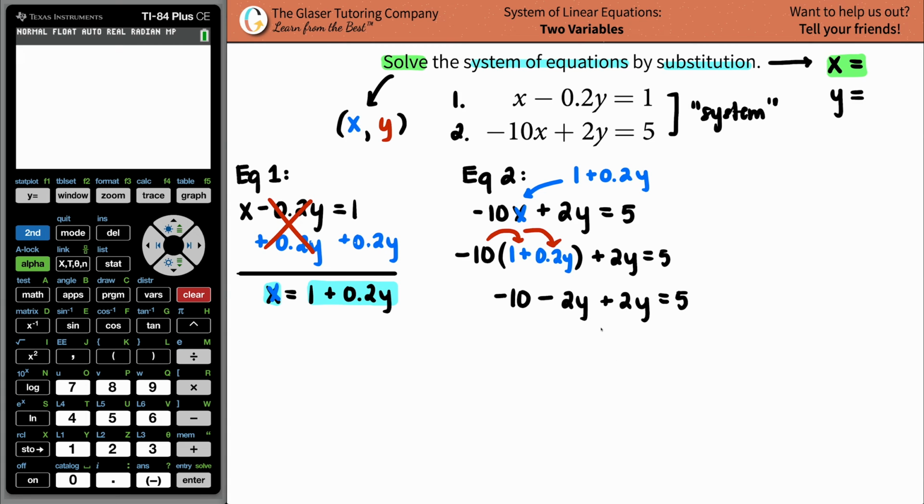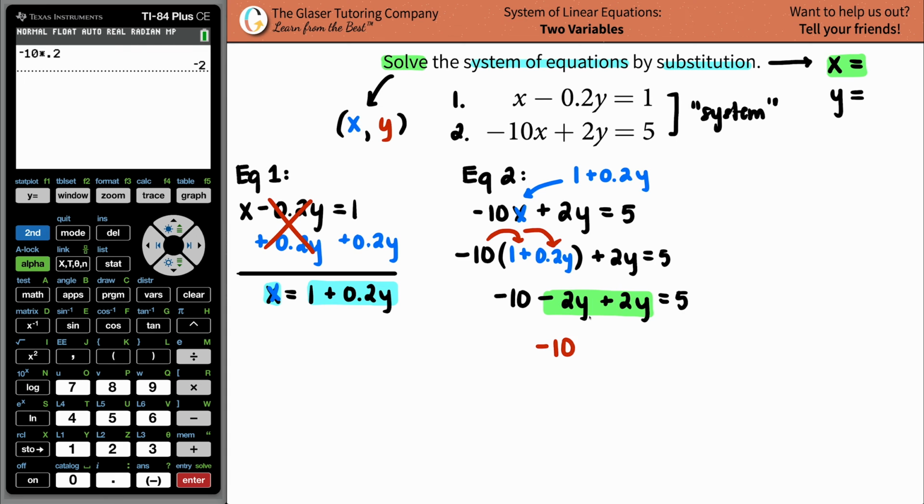This one is interesting. I already see that there's a little bit of an issue here. Negative 2y and plus 2y. Let's just see. I just want to make sure. Negative 10 times 0.2. Yeah. Now, this is interesting because we followed the rules. We used the first equation as one, and the next equation as the other one. But look what's going to happen, guys. When I simplify and combine like terms, what happens to the y's?